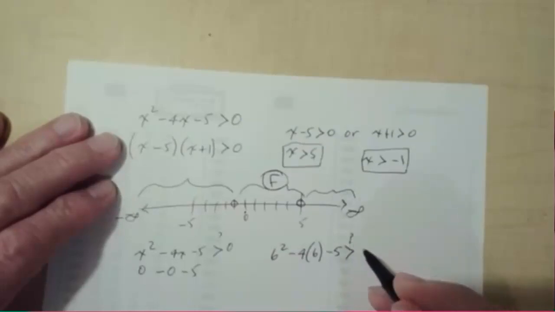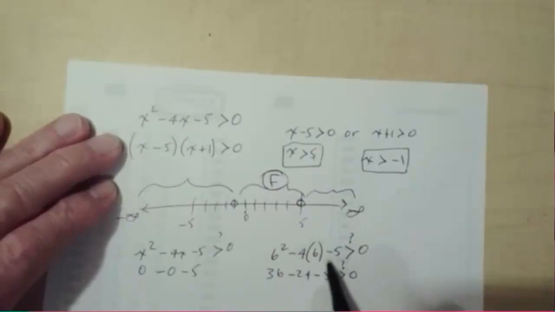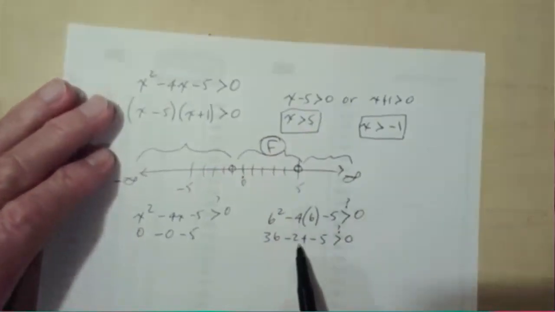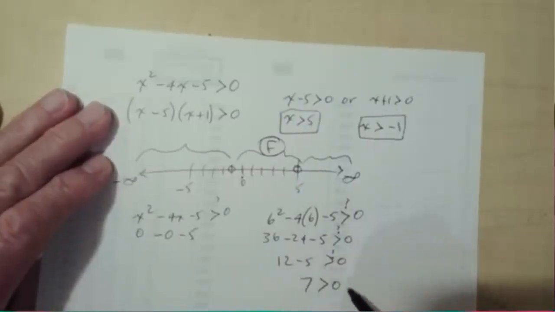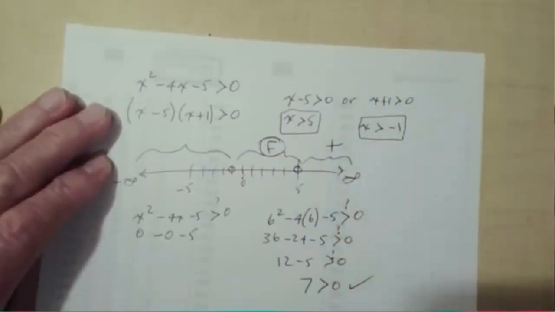6 squared minus 4 times 6 minus 5. Is that greater than 0? 36 minus 24 minus 5. Now again, you can plug this into your calculator and it'll spit out the answer. 36 minus 24 is 12, minus 5, greater than 0? Yes. Is 7 greater than 0? You betcha. So we know that this area is true.